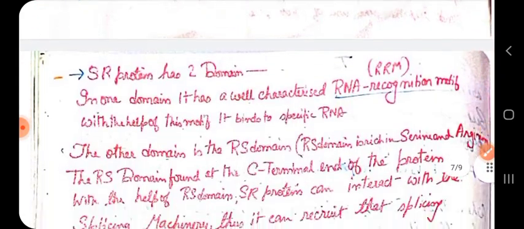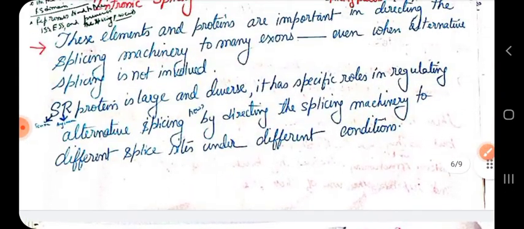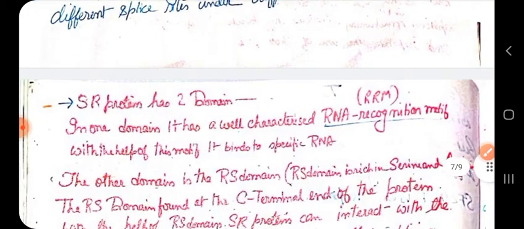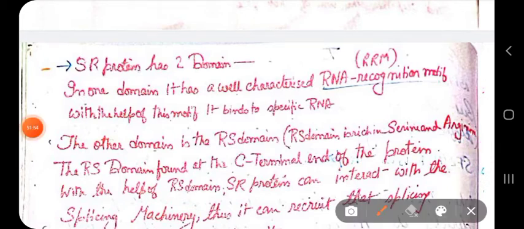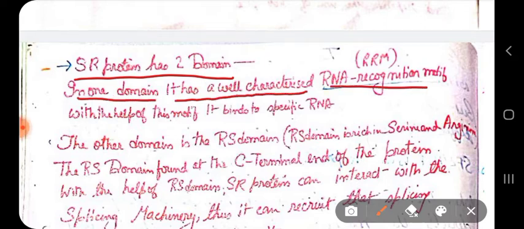Now, if I speak generally about the structure of SR rich proteins, we will see that it has two important domains, two important regions. One domain interacts with the mRNA at the enhancer region or the silencer region, and another domain interacts with the proteins of the splicing machinery. In one domain, it has a well characterized RNA recognition motif.